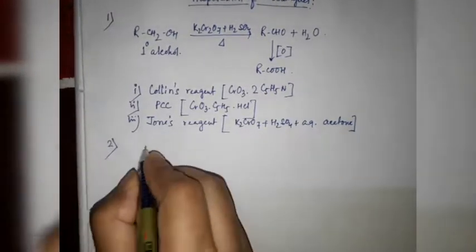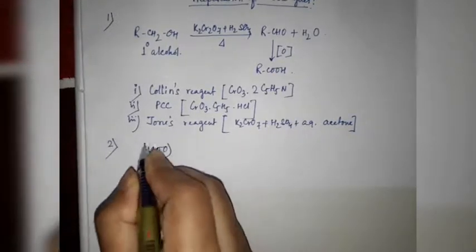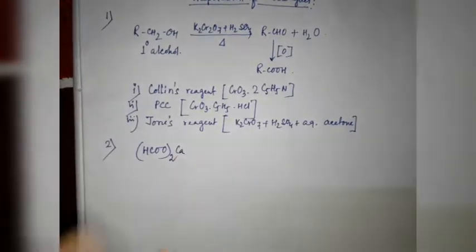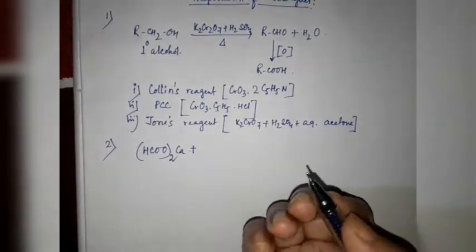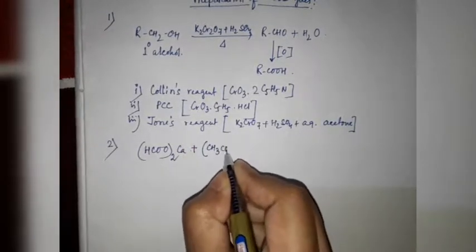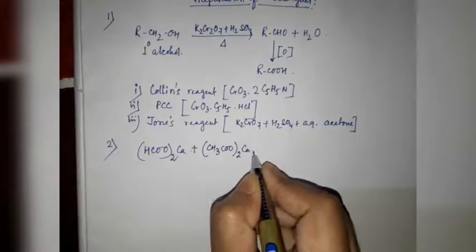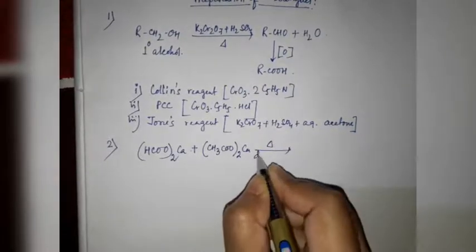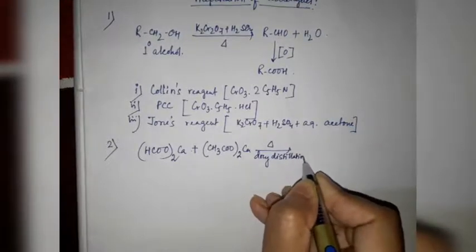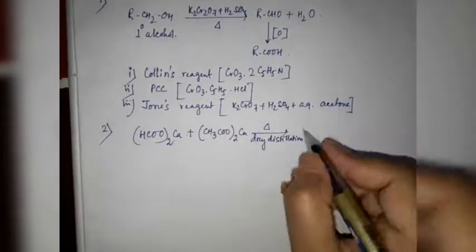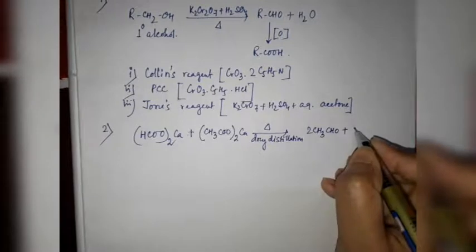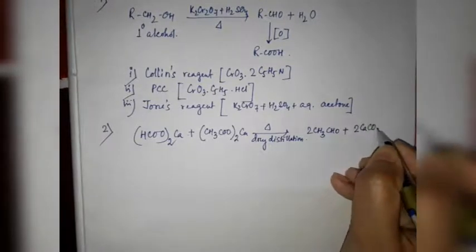So if we take calcium formate along with calcium salt of any other carboxylic acid, for example I am taking calcium acetate, and after dry distillation we will get acetaldehyde, and along with this we will get calcium carbonate.